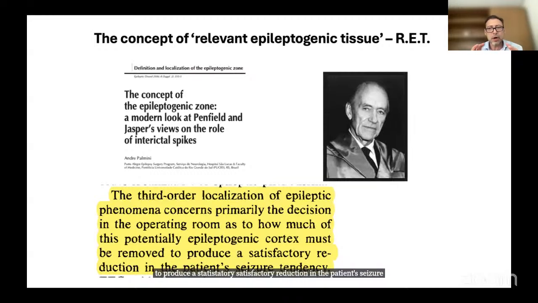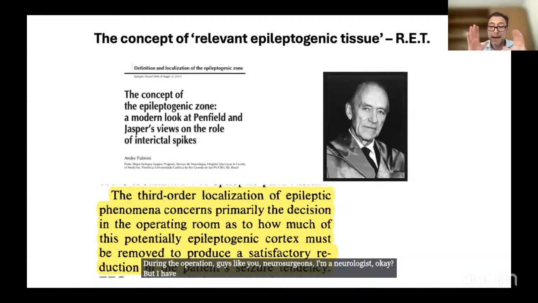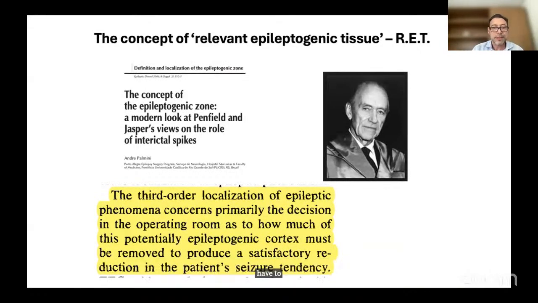So he really incorporated this idea that in the end, during the operation, guys like you, neurosurgeons, I'm a neurologist, okay? But I have been with my brain divided today because we're having an operation here in the hospital right now that's still going on, have to decide how much to resect, okay?